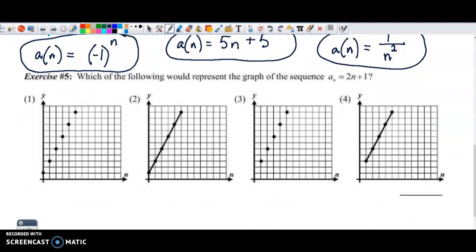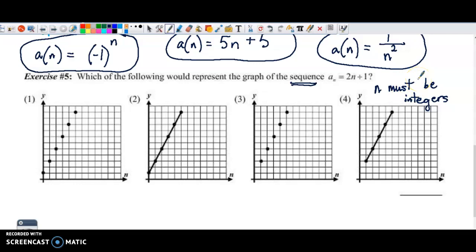And then just real quick, before moving too fast, the way we talk about these sequences is that the n values must be integers. So when we talk about a sequence, in case you've forgotten what integers are, those are whole numbers.